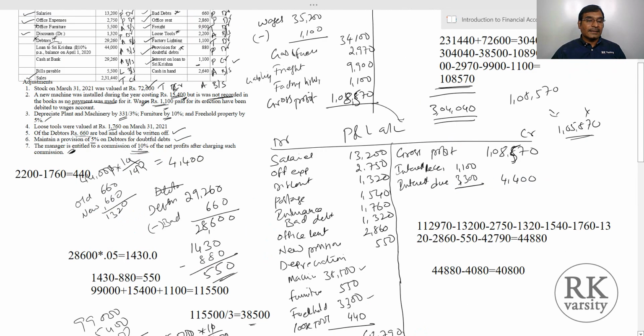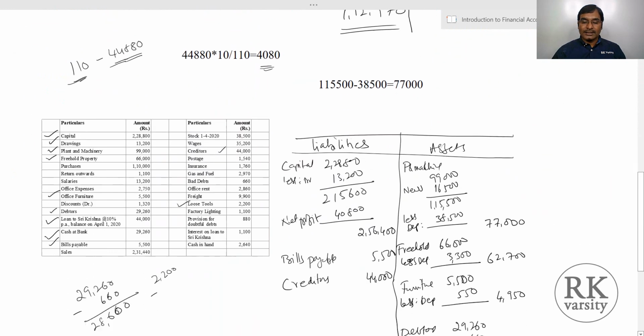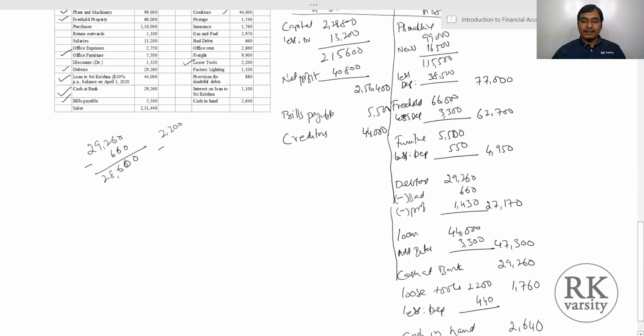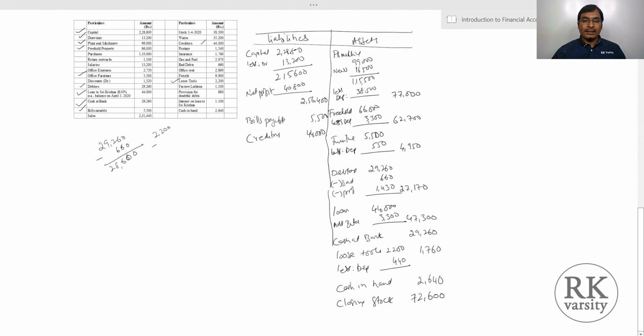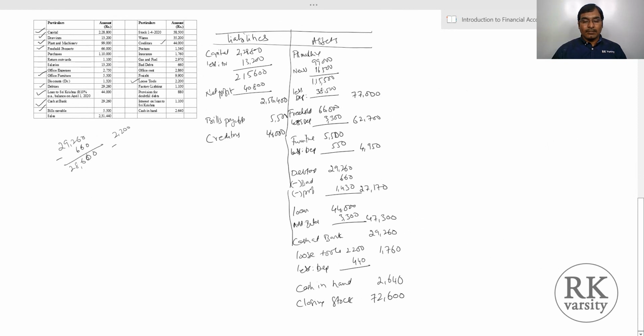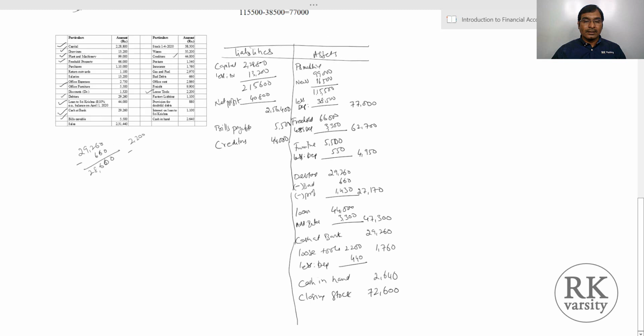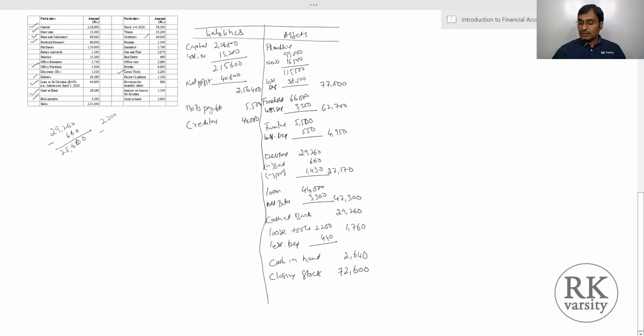Then a new machinery, we included the machinery and wages are also adjusted. We provided all the furniture, depreciation, furniture, freehold properties, loose tools, and bad debts, maintenance for provision for debts, then your commission on gross profit. So all the adjustments have been made. Now we check with our balance sheet values. So we'll see whether the balance sheet tallies or not.